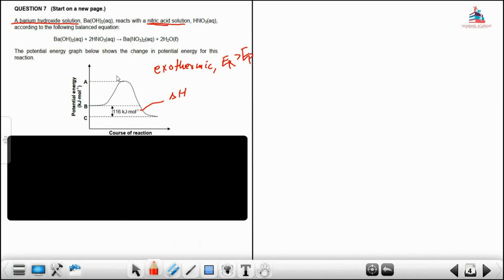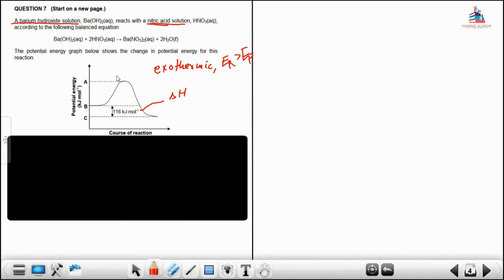Remember, it's either the delta H for you to know or the graph for you to know, so that you'll be able to answer questions. Some form of a hint should be given. Understand. All right.